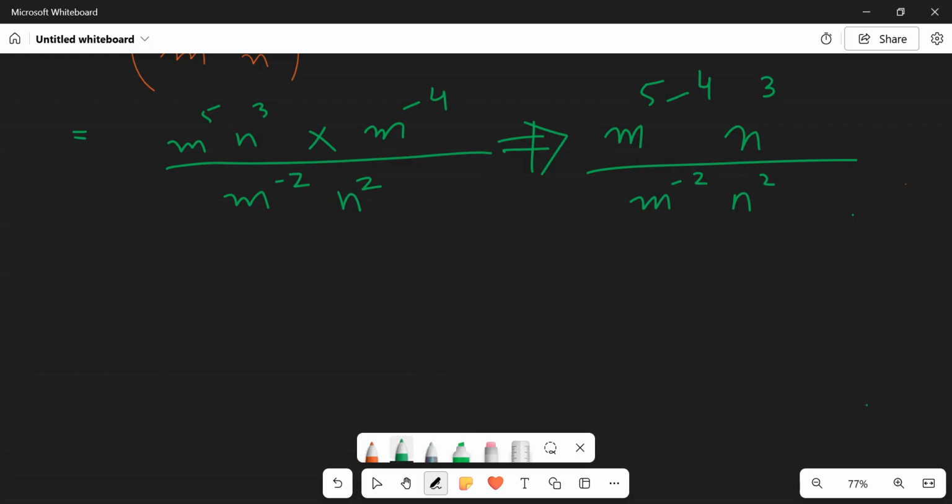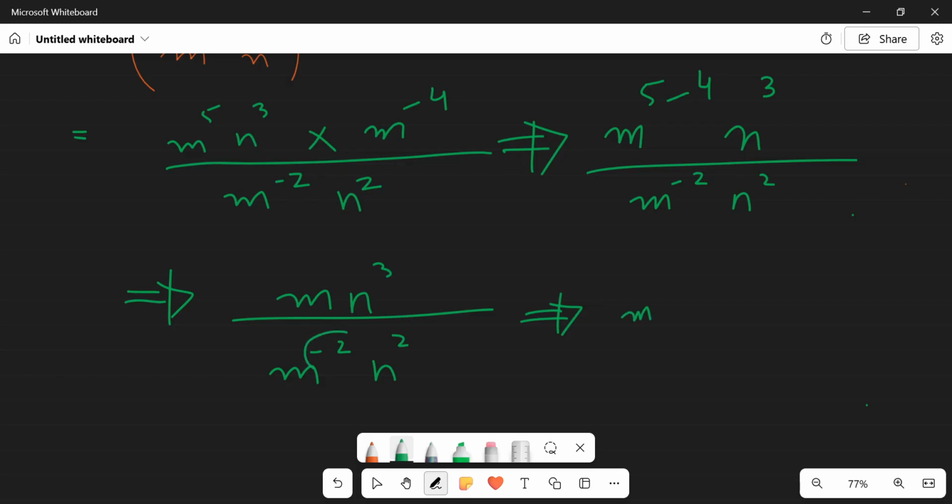So it gives you the answer m, only m, because 5 minus 4 is only 1 here, and n to the power 3, and here is m minus 2, n to the power square. So here, what I'm going to do, we will take m common.